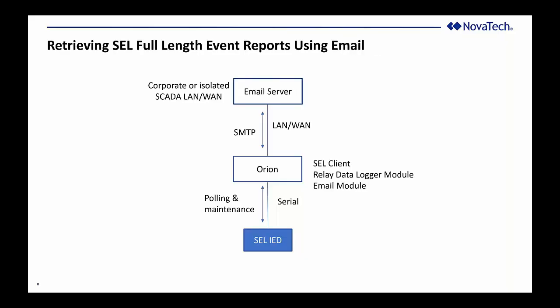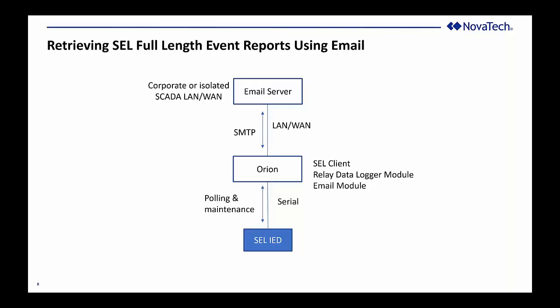The third application that I'll be demonstrating is, again, still using the SEL client to pull back that long event file from the SEL 351. We will still be utilizing the Relay Data Logger to have the Orion generate that full-length event report. But in this application, we will use the email module.